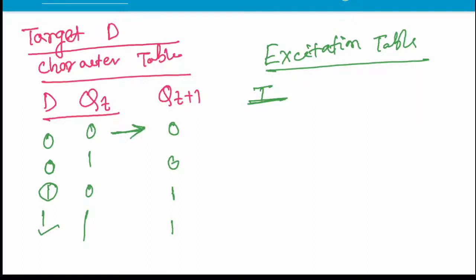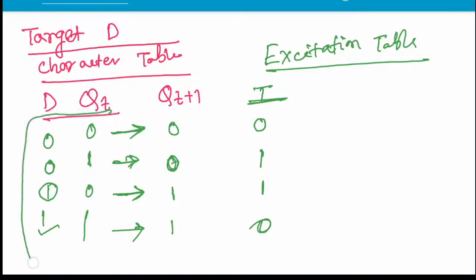So here the input should be 0, and from 1 to 0, that means the previous value was 1 and the current value is 0, this is a toggle. When toggle occurs, T input is 1. The next one is also a toggle. This is 1 to 1, that means no toggle, so this is 0. So this is the excitation table. And how is this coming?